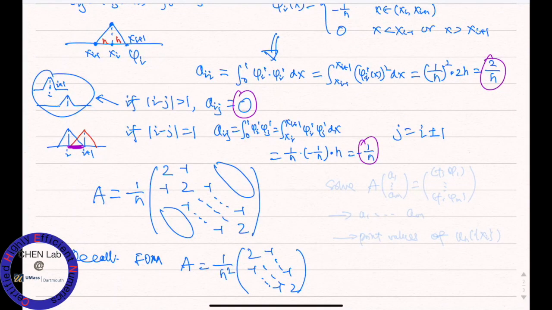By solving this equation with this matrix, you obtain the unknown values a_1, a_2, all the way to a_m. Solve for the vector a_1 to a_m with right-hand side f phi_1 to f phi_m, and you get the values a_1 to a_m, which again are the point values of u_h at the grid points x_i.